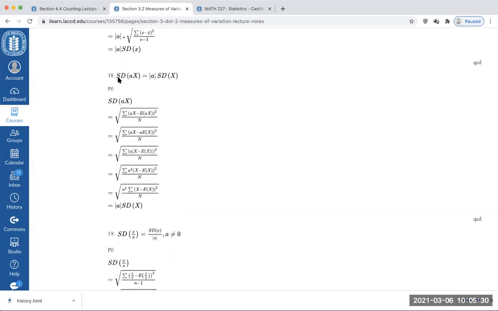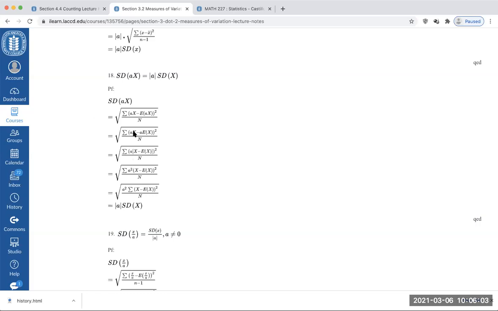Next, the standard deviation of ax is equal to the absolute value of a times the standard deviation of x. And so the standard deviation of ax is the square root of the sum of ax minus the expected value of ax quantity squared over n. But the expected value of ax is equal to a times the expected value of x, using the properties of the mean from the previous section.